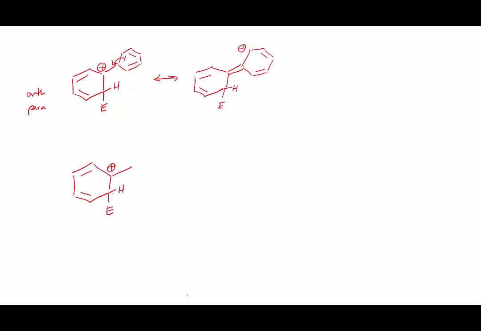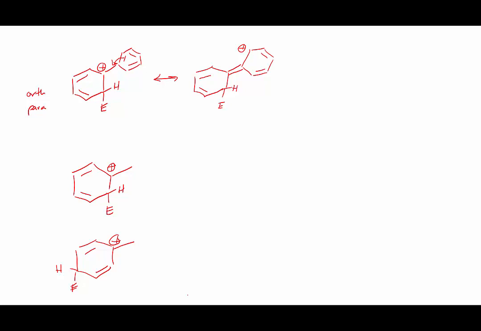So I'll add my H and my E if it's ortho, or if it's para addition. I end up with a plus charge next to the group.